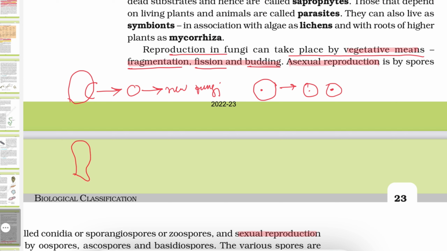Then meiosis occurs in the zygote, resulting in haploid spores. Now understand this very carefully, guys. If this is the first gamete, this is the second gamete, which may be motile or non-motile. First fusion of protoplasm takes place.